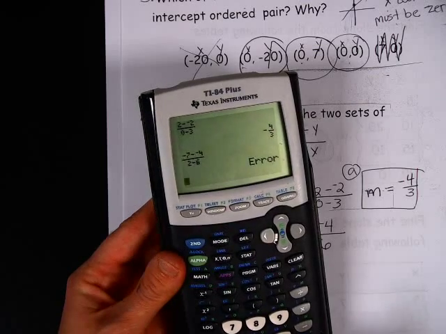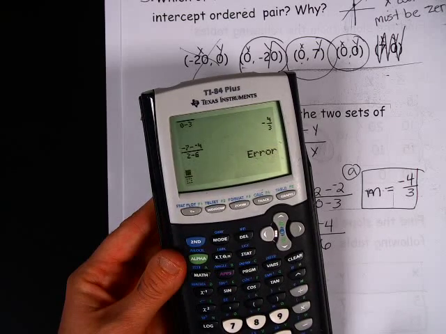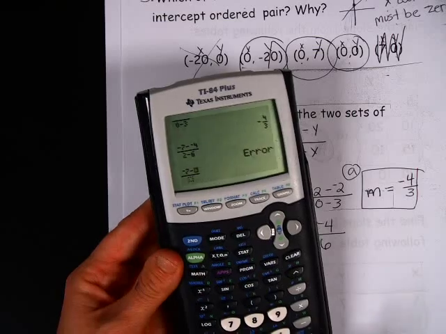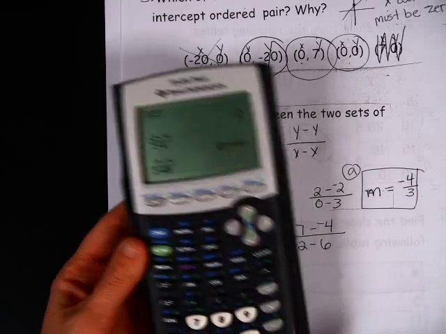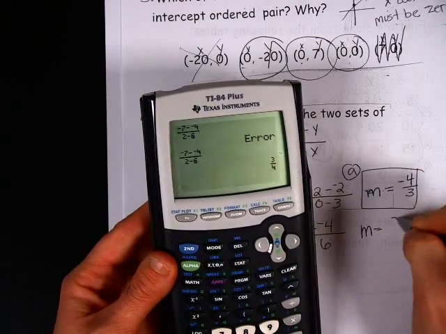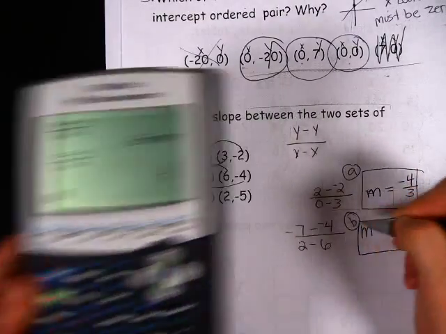Oh, I know what I did. I didn't make it a negative. So it's negative 7 minus negative 4, over 2 minus 6. And my answer, m equals 3/4. This is my answer for B.